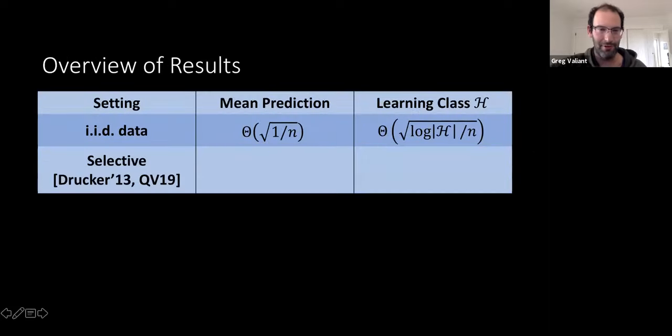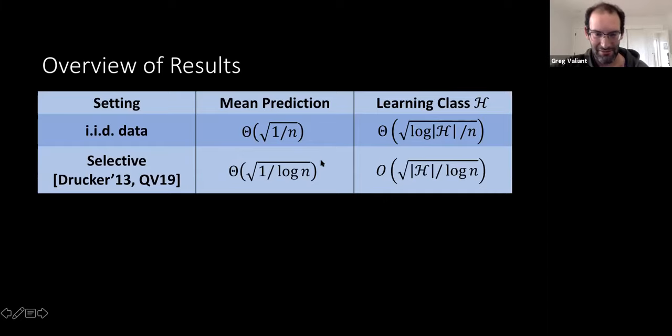Okay, good. So if you have independent data, and you're trying to predict the mean, you get the usual 1/√n. If you're trying to do online learning with respect to some hypothesis class H, then you can get root log size of your hypothesis class over √n. As I mentioned, in the selective prediction setting, you get the square root of 1/log n if you want the expected squared error.